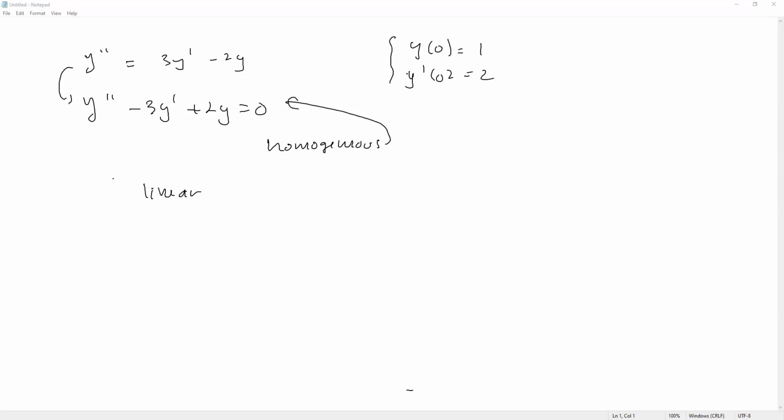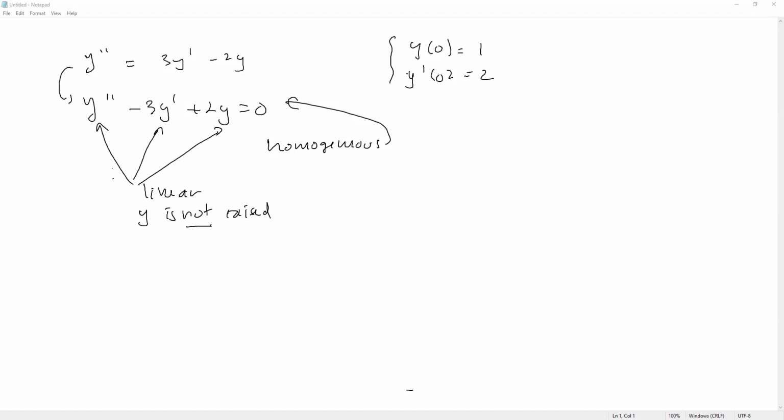That's why we call them linear here. The y and its derivatives are not squared, or cubed, or anything.